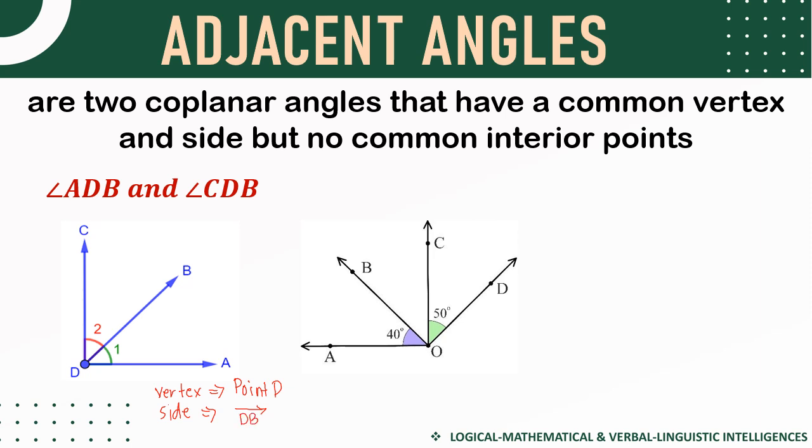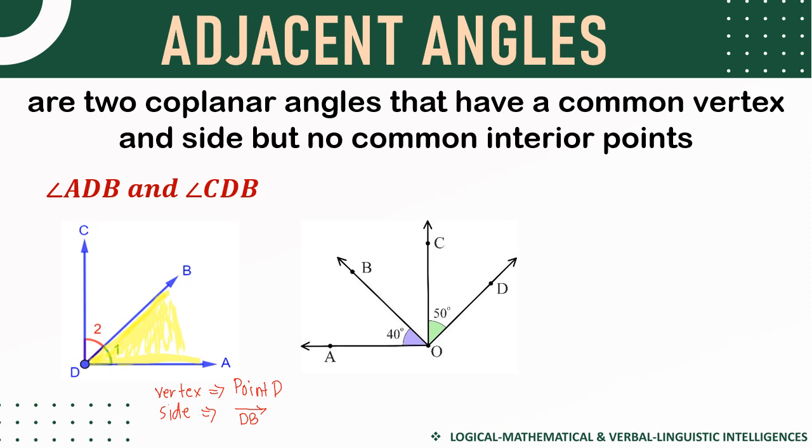And lastly, there should be no common interior points. What do we mean by common interior points? For our angle 1, the interior points here are the points that we can find in between the two arms of our given angle.